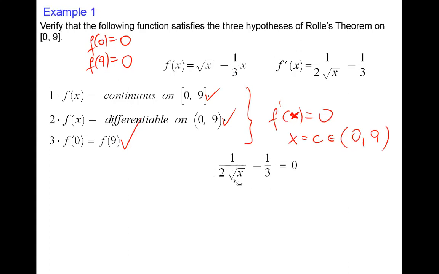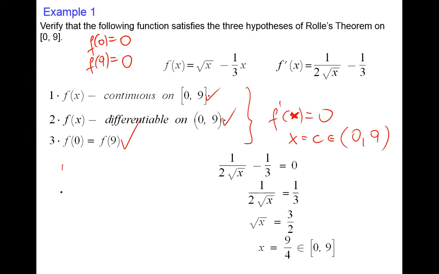Okay, let's try, not complicated. I think I can add 1/3 to both sides, and I can cross multiply. 2 root x is equal to 3, root x is equal to 3/2, and then I can square both sides, 9/4. Okay, and 9/4 is definitely, it's like 2 1/4, between 0 and 9.